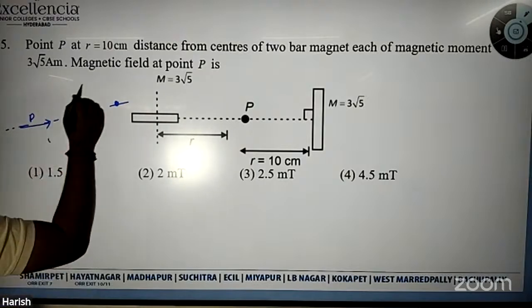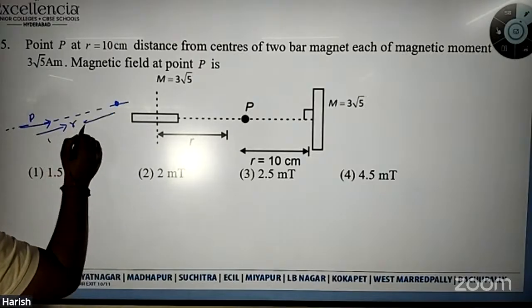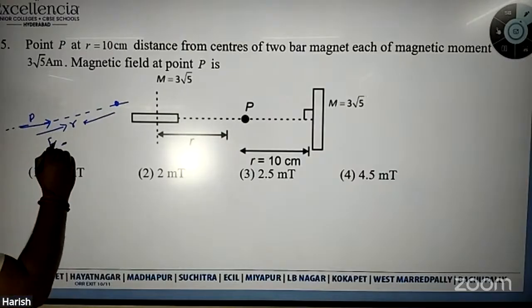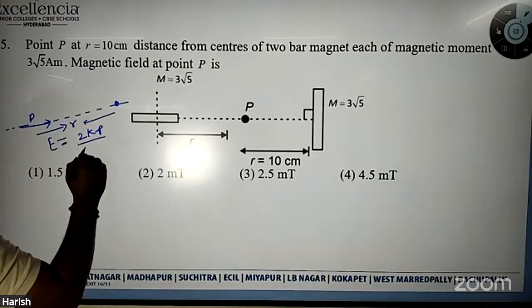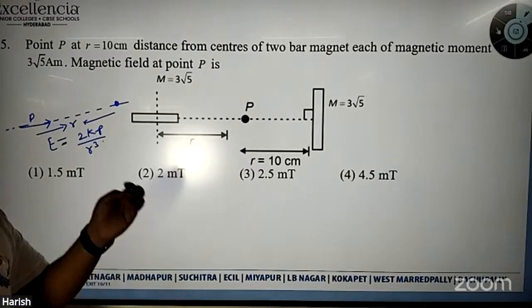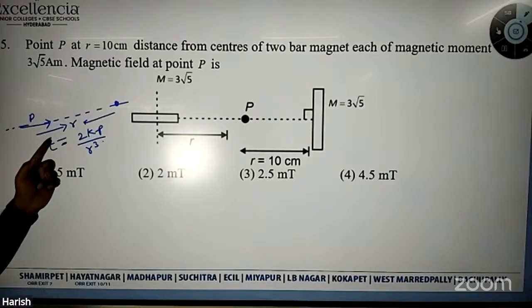So if the distance is r, then the electric field at a point on the axial line due to a dipole is given as 2kp by r cubed. I think we all are aware of this. Okay. And one more thing to be noticed here is the direction of the electric field on the axial line.